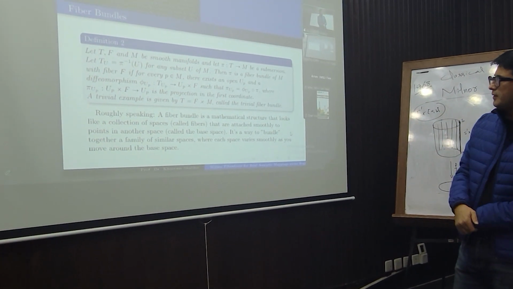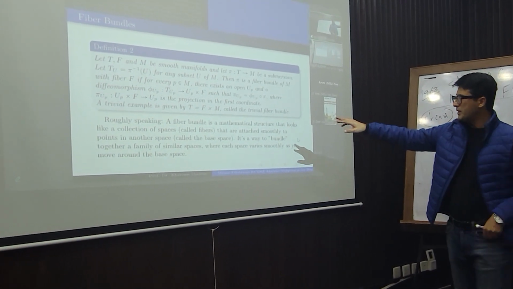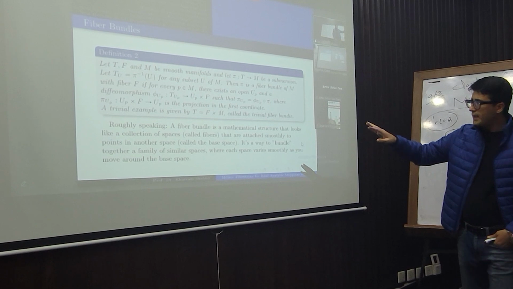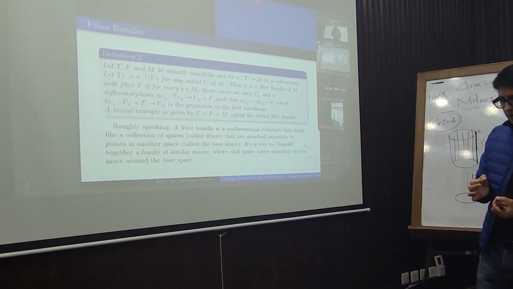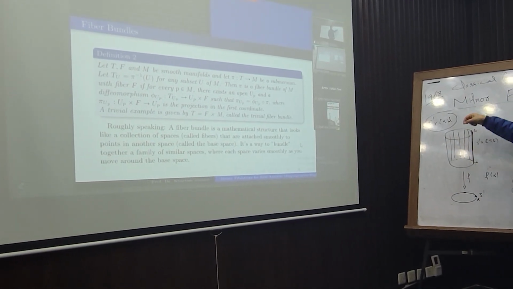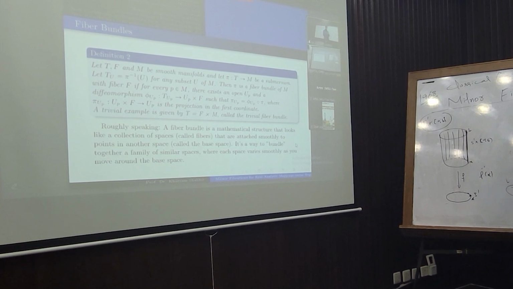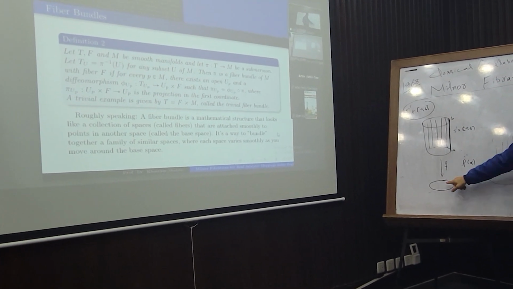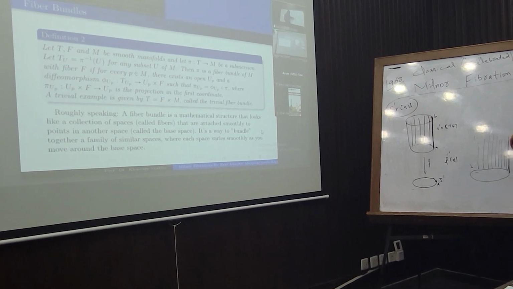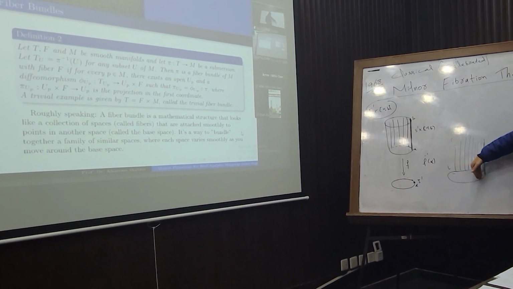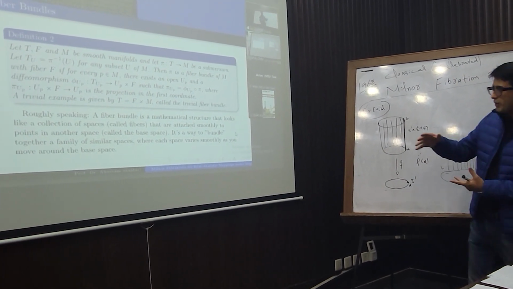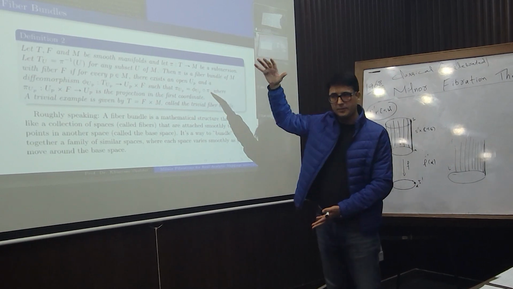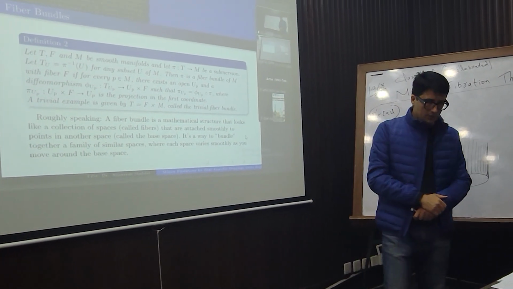As you can see here, the fiber bundle is a mathematical structure that looks like a collection of fibers that are attached smoothly to a point in a base space. This is the base space, and you are attaching all the fibers and moving around this base space. And then what you get is the whole space. So this means the fibration.